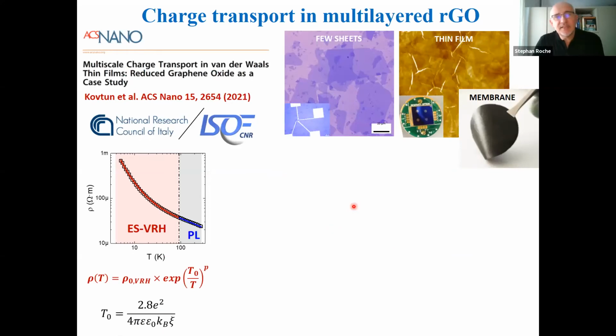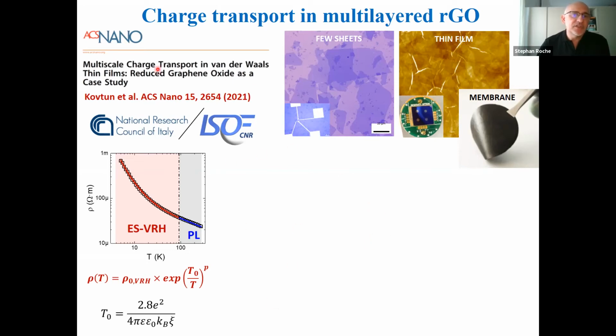Very recently, some colleagues from Italy have explored the impact of interflake interaction, which is one question that was opened by the industries. How can we find an optimization based on the size of the flakes, on the degree of disorder, and whether the interaction between flakes is something that is beneficial or not to the final property of the composite?